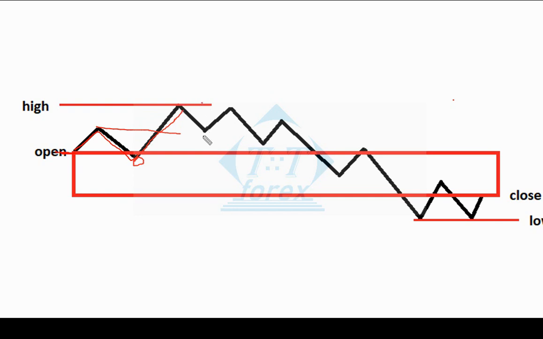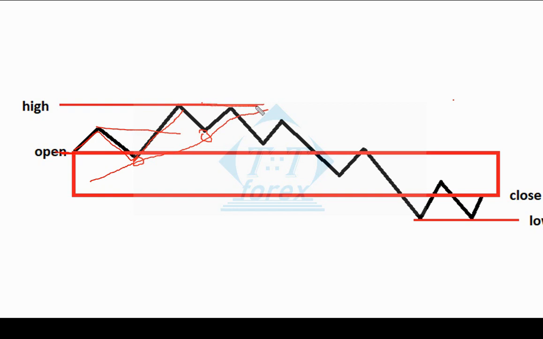It made a new low which is higher than this one, which means you can say it's an uptrend already, but it failed to break the previous high. It failed to make a new higher high.